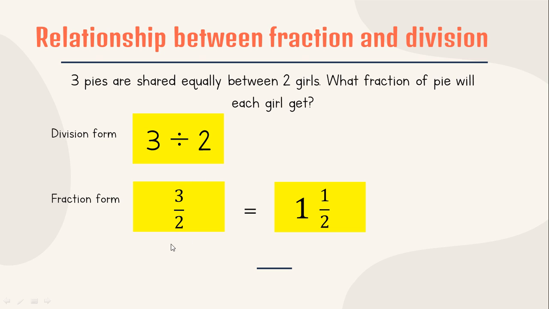Don't forget, in fractions, this one is what we call a proper fraction. This one is what we call a mixed number. And this is an improper fraction. An improper fraction occurs when the numerator is greater than the denominator. And a mixed number occurs when you have a whole number and a proper fraction.